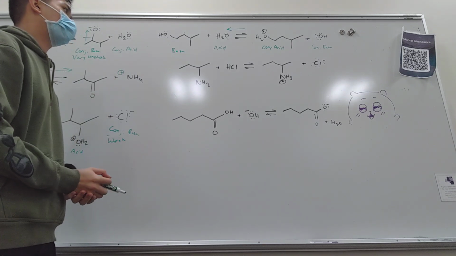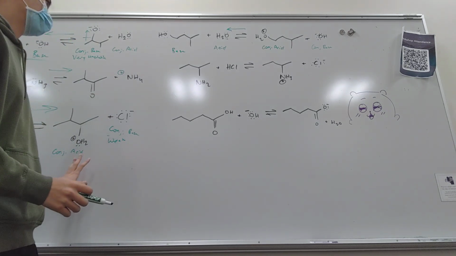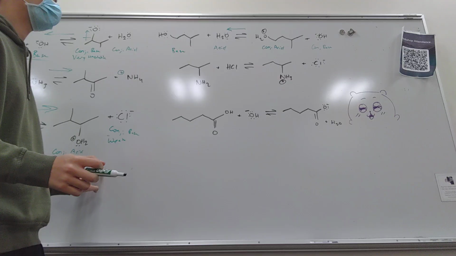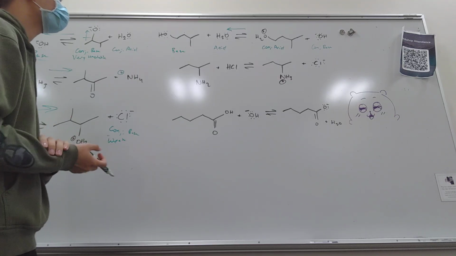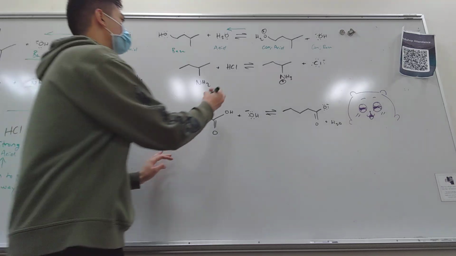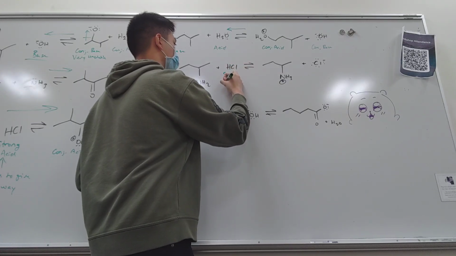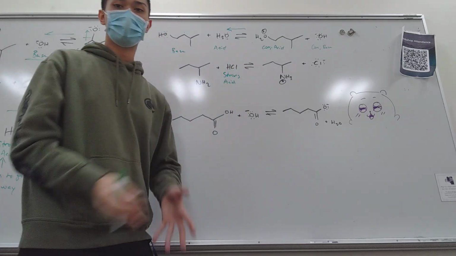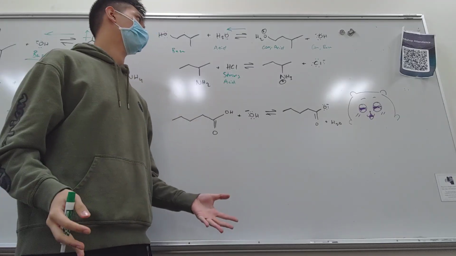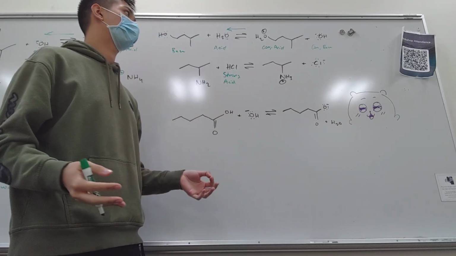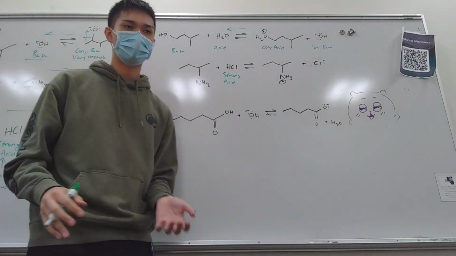For this one, we kind of see the same thing as the other question before with the hydrochloric acid. Hydrochloric acid, again, is a strong acid. Chlorine is quite big, meaning that it will handle that lone pair pretty effectively, right?